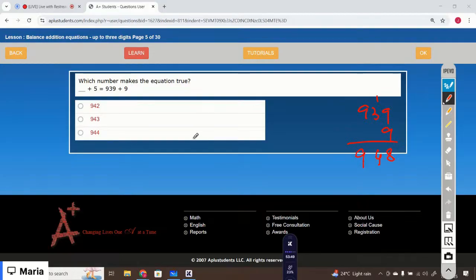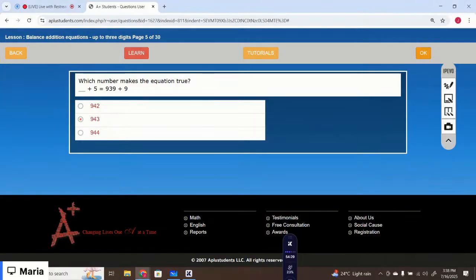That is 948. So 943 plus 5 makes 948. Option number 2 is the correct option. That is 943.